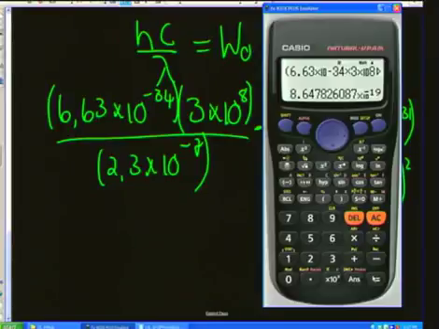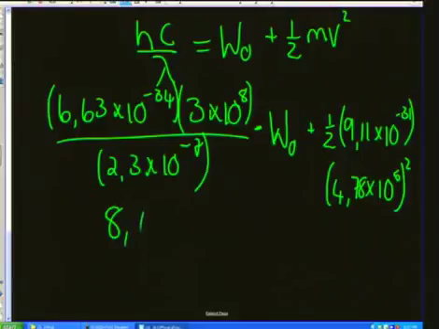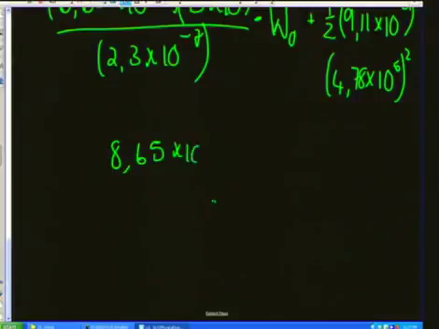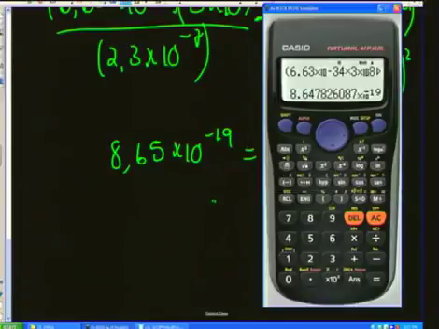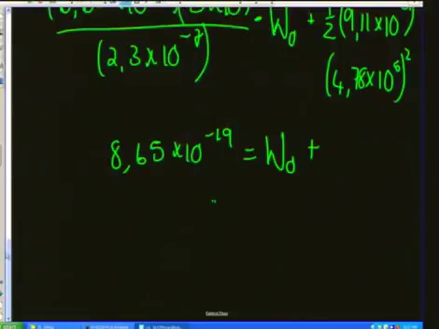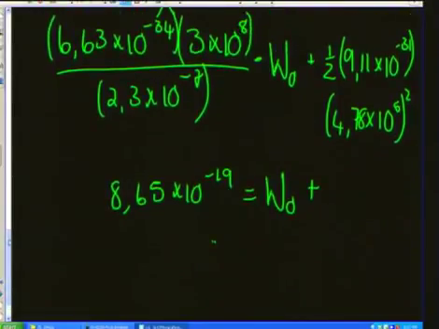So 8,65 times 10 to the minus 19, okay? 8,65 times 10 to the minus 19. All right. Now let's do the other side. So I'm going to put it on this side so you can see where I'm getting my values from. Okay, hang on. Let's just do this quickly so you can see.